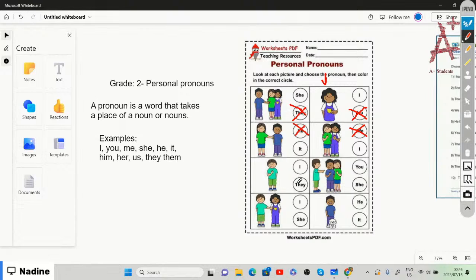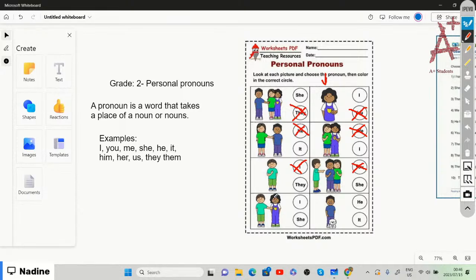Is it I or they? So, if it's singular, we can then just say I, right? All right, the boy on the left is pointing to the two of them. Is it you or she? He is saying you, right? Which is you.